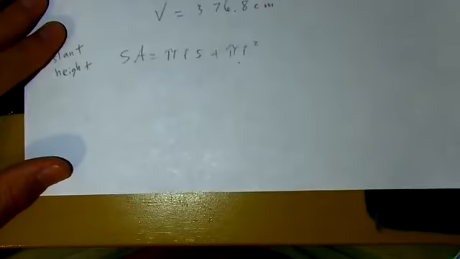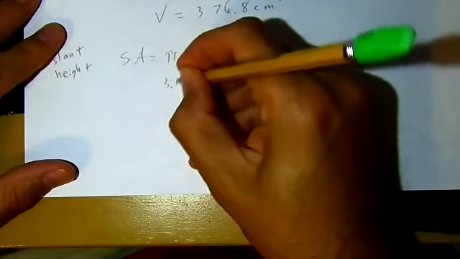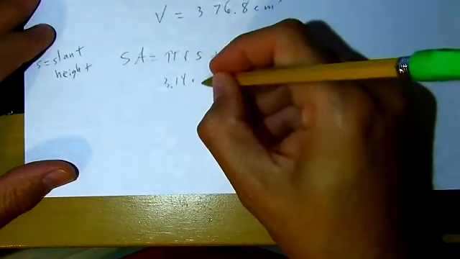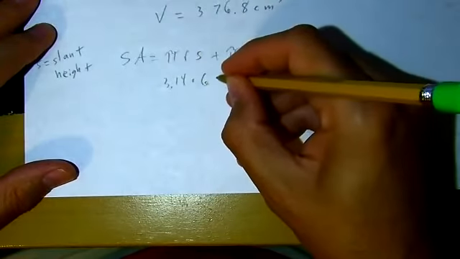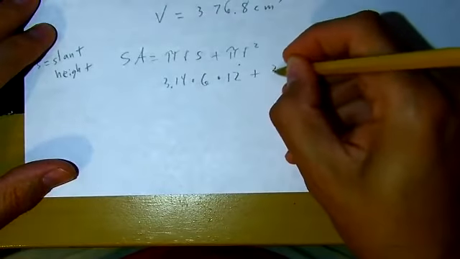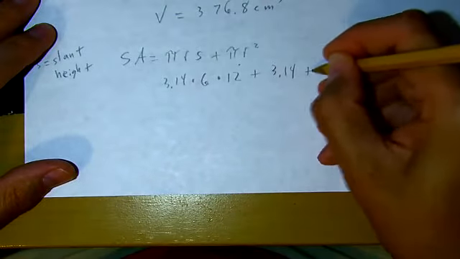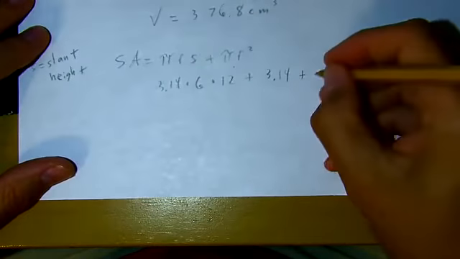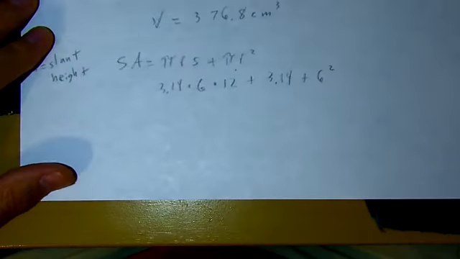So in this formula, you're going to put pi times the radius, which was 6, times the slant height, which was our new number, 12, plus pi again, times the radius, 6, and this time it's going to be squared.